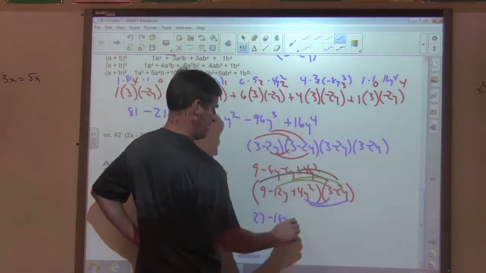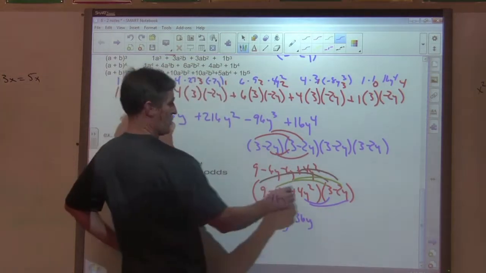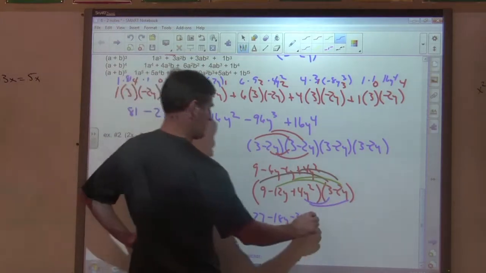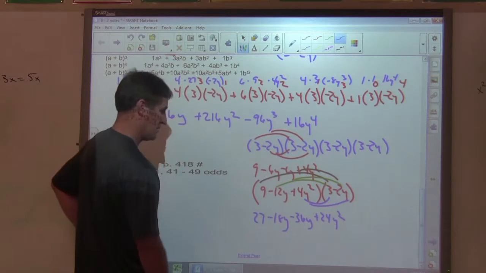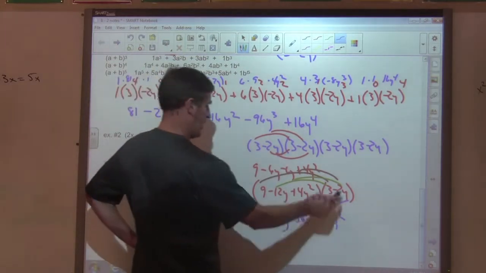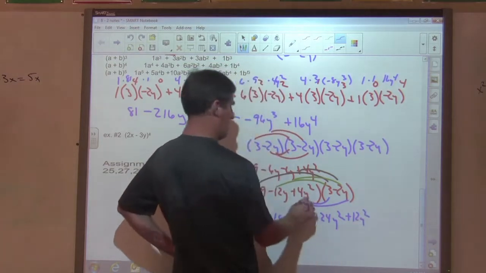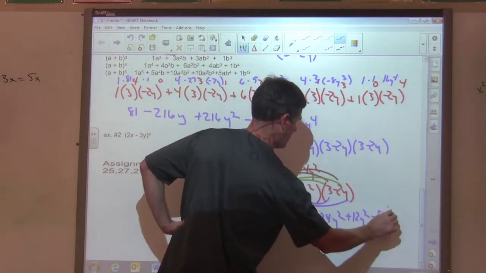Negative 12y times 3 is a negative 36y. Negative 12y times negative 2y would be a positive 24y squared. And then 4y squared times 3 would be 12y squared. And 4y squared times a negative 2y is a negative 8y cubed.